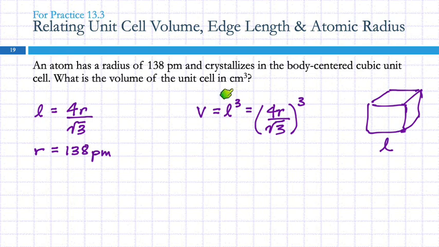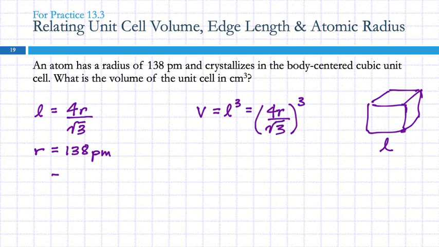It wants the answers in cubic centimeters. Here we've got picometers. If we just use this number, we're going to end up with cubic picometers, which is not necessarily a bad thing, but then we're going to have to convert that. And converting units raised to a power tends to mess with students' minds. So let's avoid doing that. Let's convert this to centimeters before we cube it, okay?